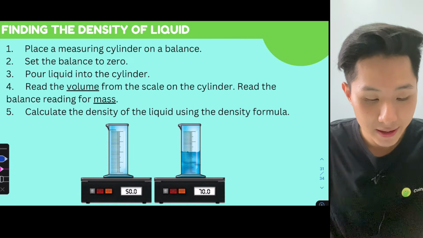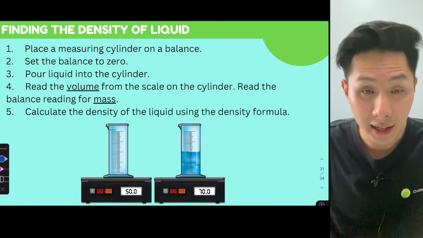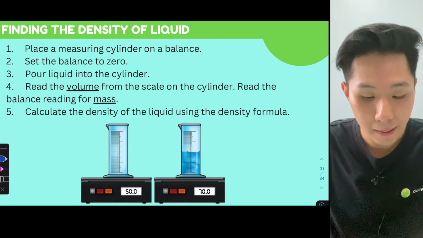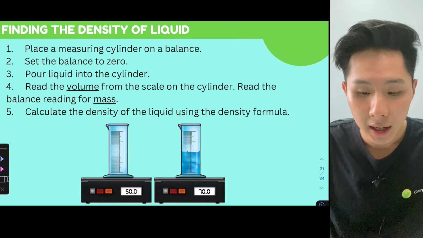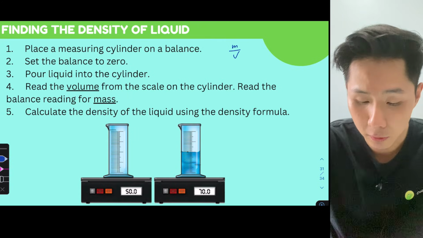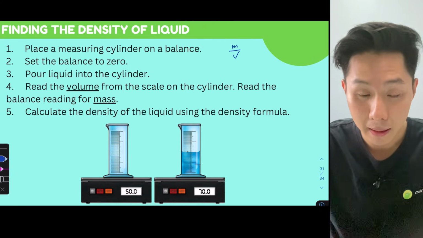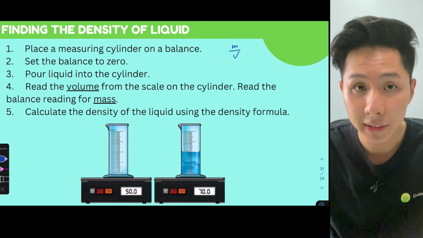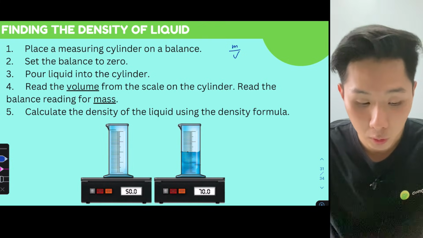So here we have another way to find the density, and this is for liquid specifically. Again, we remember that the formula for density is mass divided by volume. To calculate the density of liquid, we just have to measure the mass of liquid and also the volume of liquid.